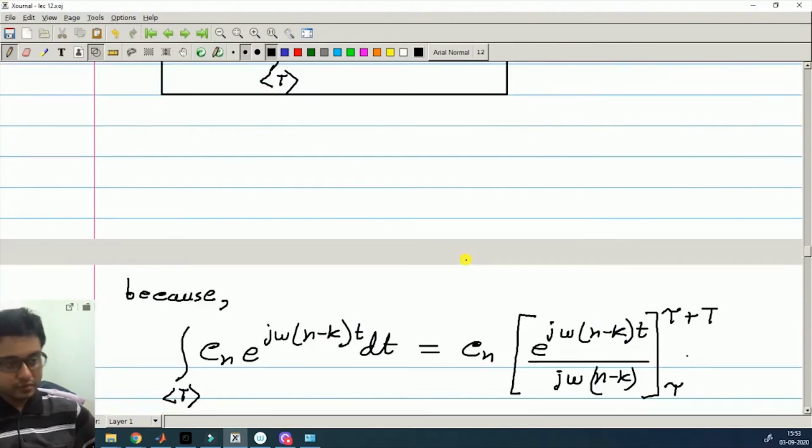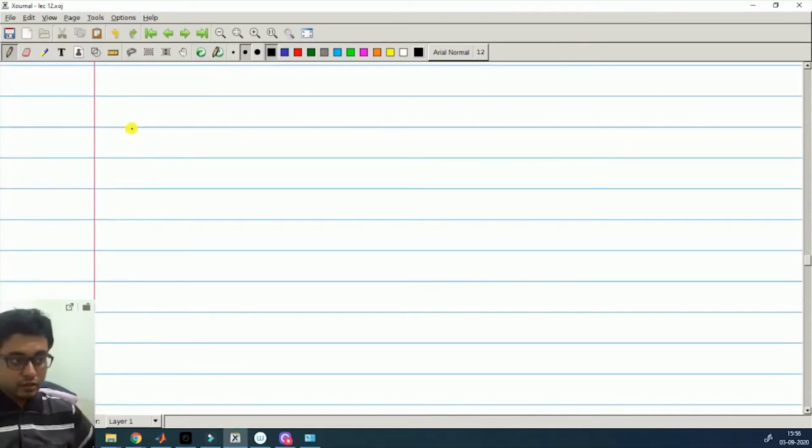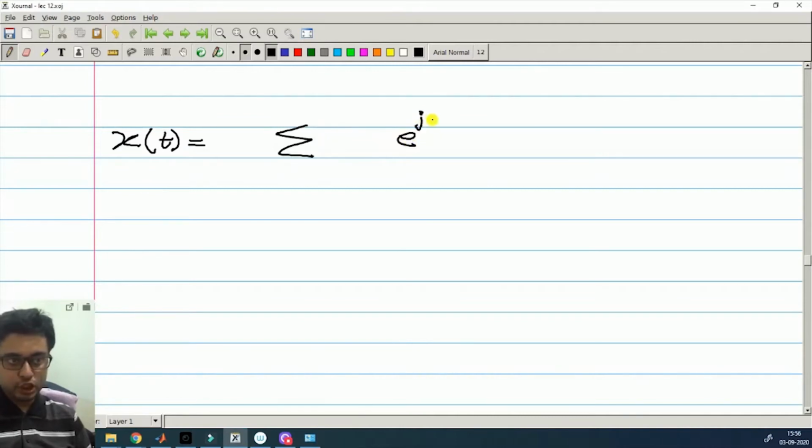Also, we are writing x(t) as a sum of complex exponentials e to the power j omega n t with coefficient Cn, n running from minus infinity to plus infinity.